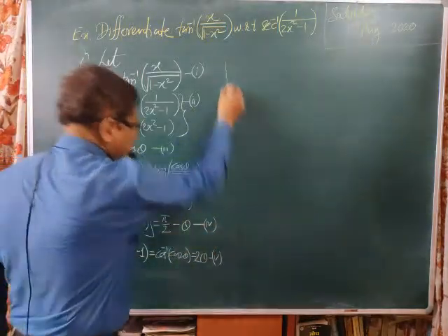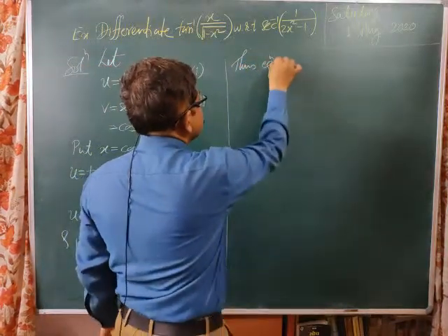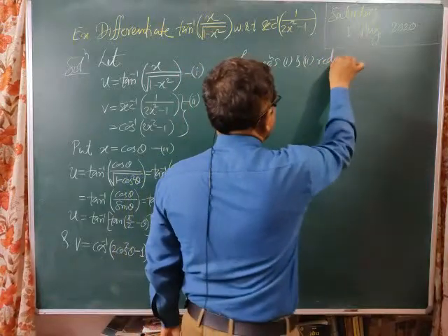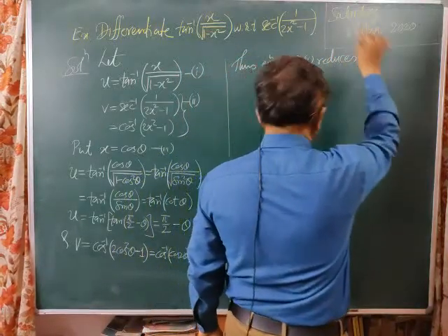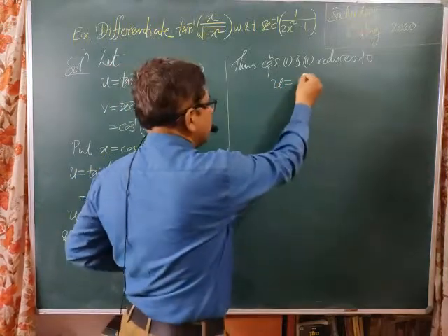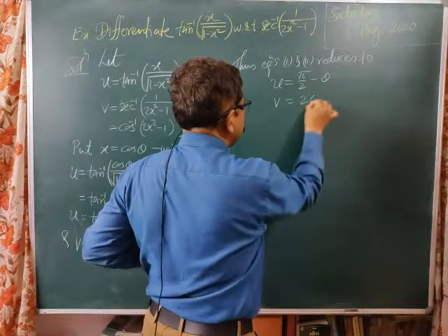Thus, equations 1 and 2 reduces to the first value. U becomes pi by 2 minus theta. And v becomes 2 theta.